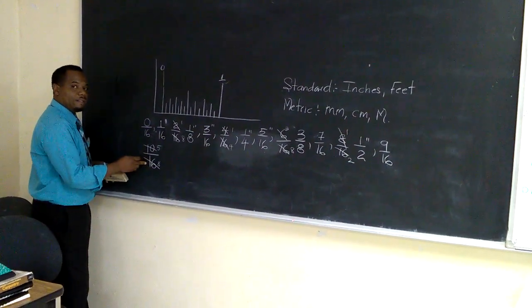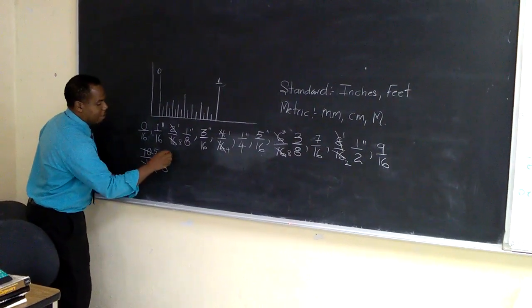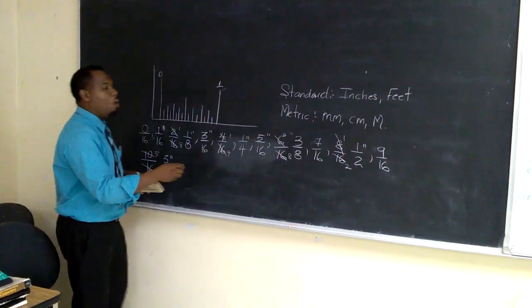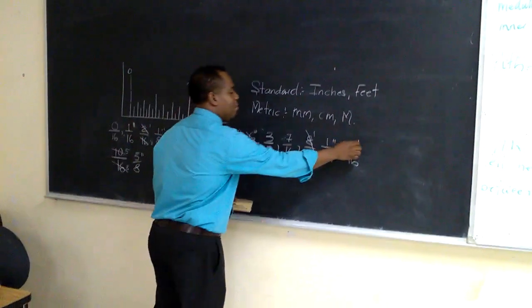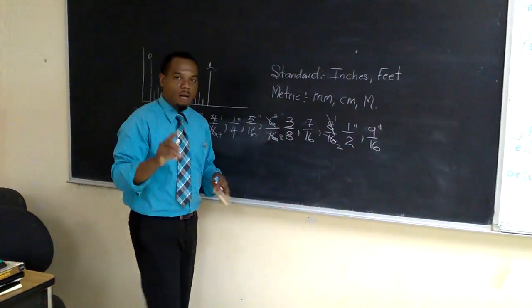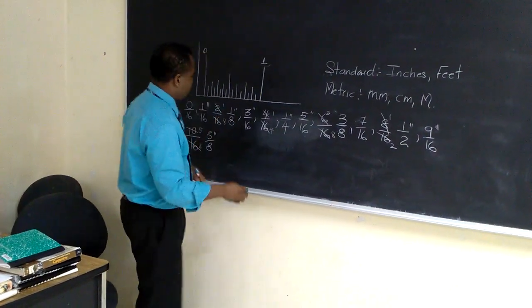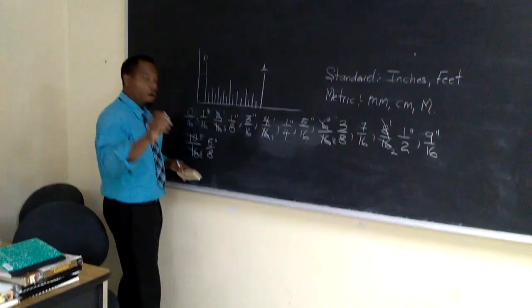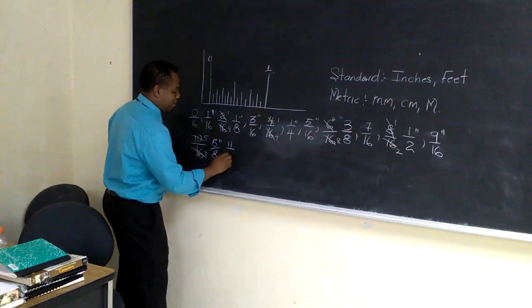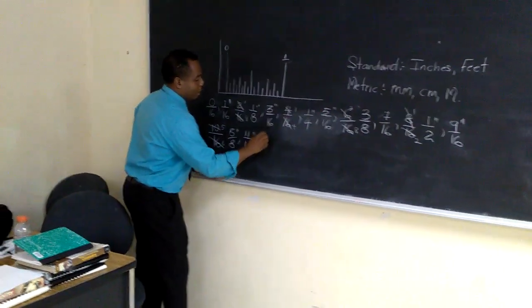So 10/16 is going to be the same as 5/8. And of course, it is always important that we include this little symbol here, these 2 little strokes marked here, which represents the inch. Alright? So we move on from 10 to 11. 11/16 remains.